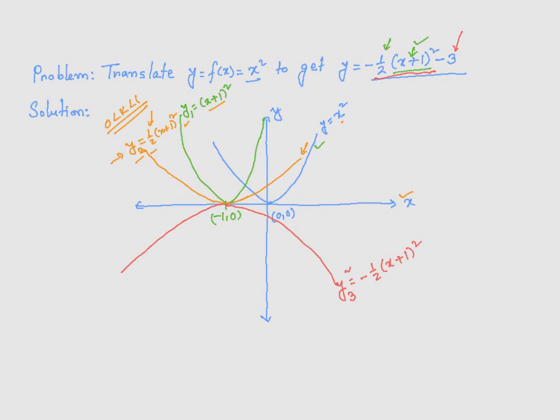In our case, we are subtracting 3, so we are going to move the graph down by 3 units. My new vertex is going to be right here, let's say 1, 2, 3, so it's going to be (negative 1, negative 3).